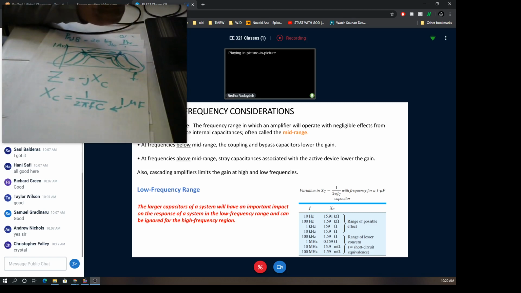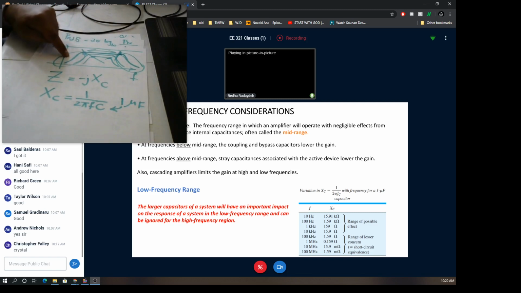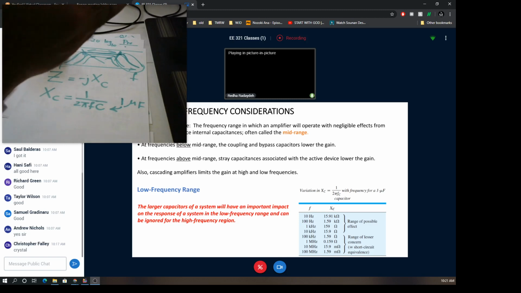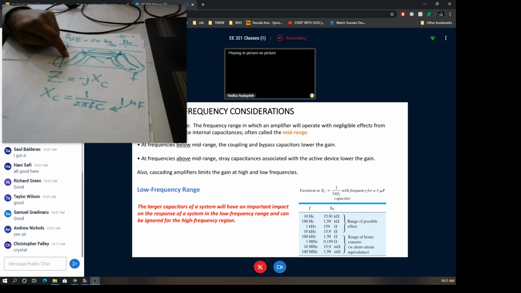We started discussing how the low frequency range would be affected by the large capacitors used to decouple the DC from AC, the bypass and coupling capacitors in the amplifier, the external ones. We just explained that in detail.